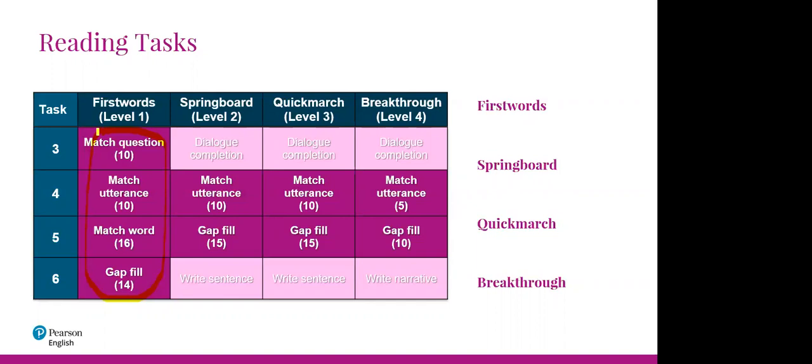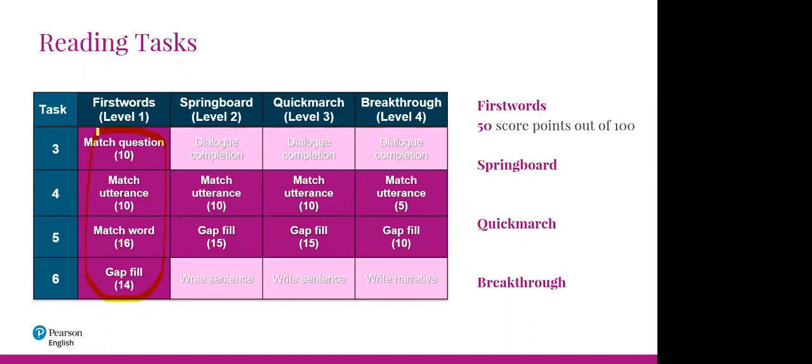So for First Words, the score points from tasks 3, 4, 5, and 6 go into this reading section in the performance report, which means that there are 50 score points out of 100 that are counted as reading. So there's the maximum of 50 score points at First Words that count as reading.